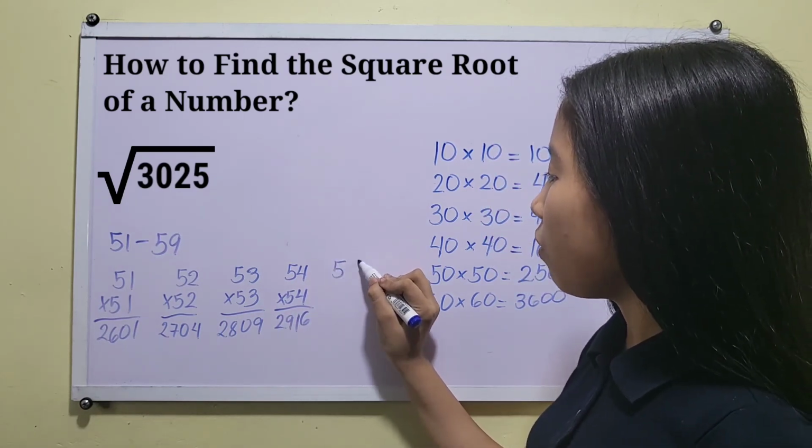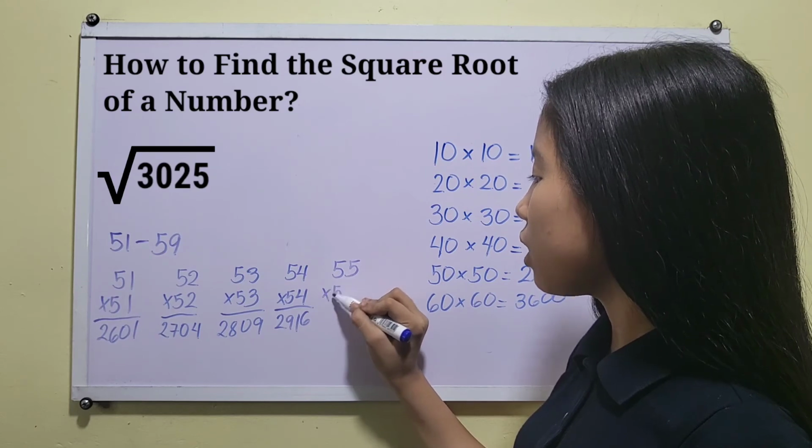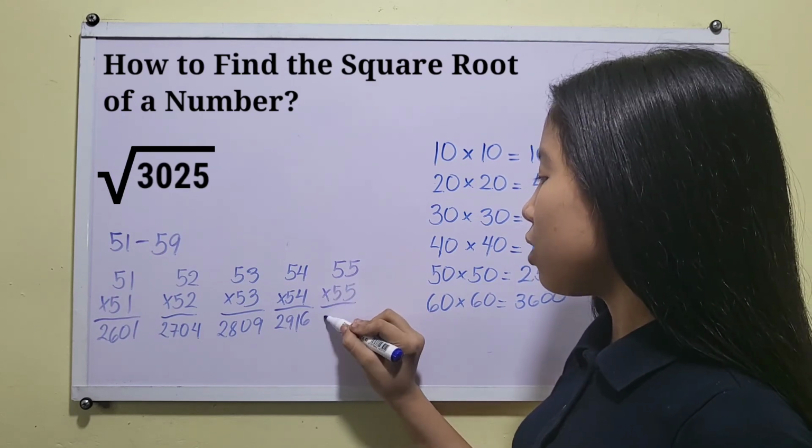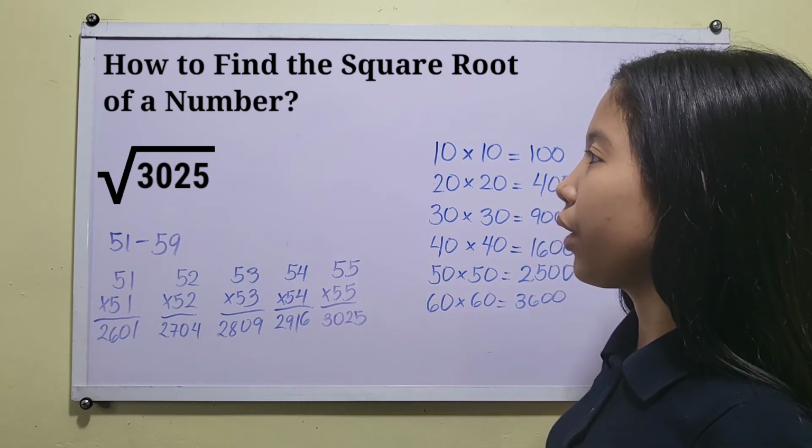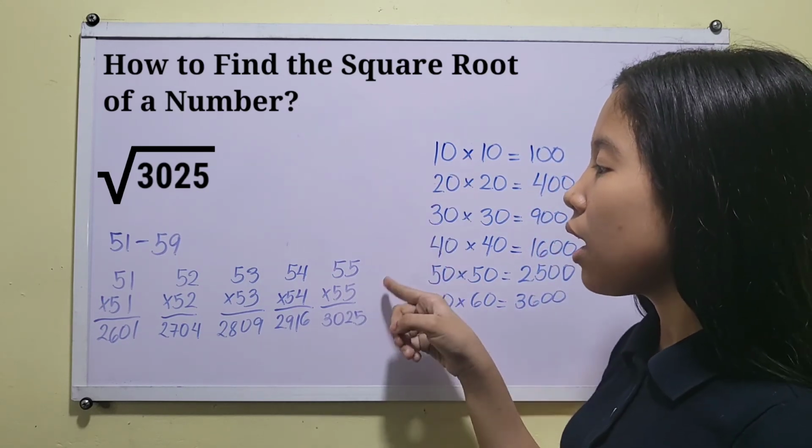And 55 times 55 is 3025. So the square root of our number 3025 is 55.